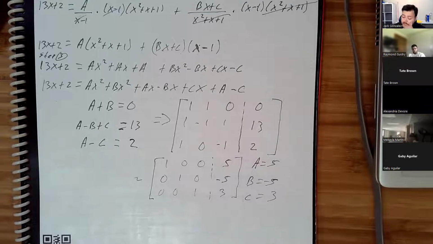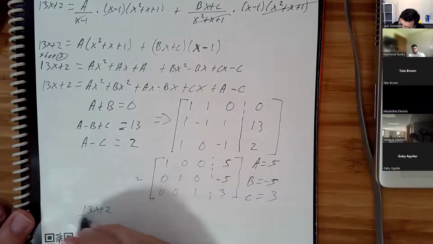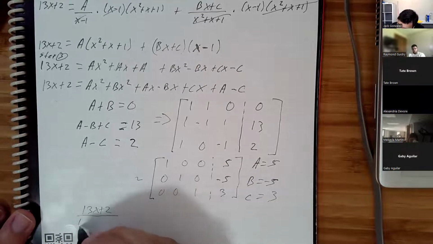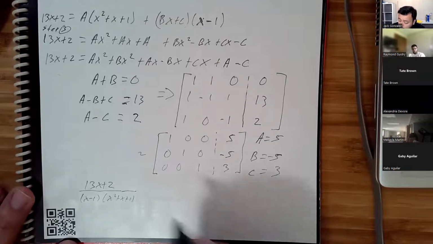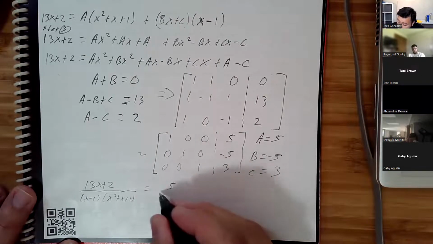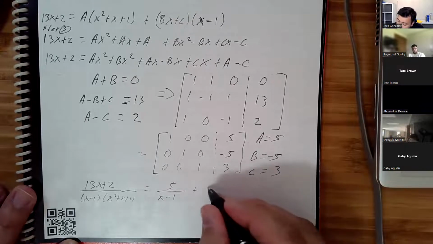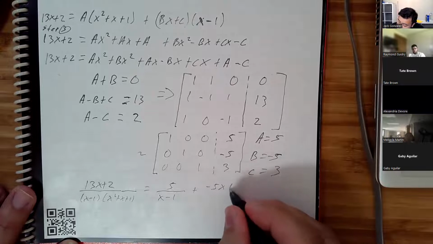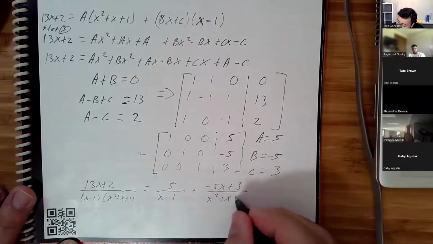Let me just plug them in, and that's it. So the final answer, this will equal 5 over x minus 1 plus -5x plus 3 over x squared plus x plus 1.